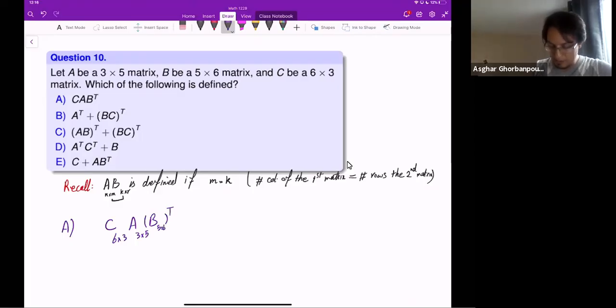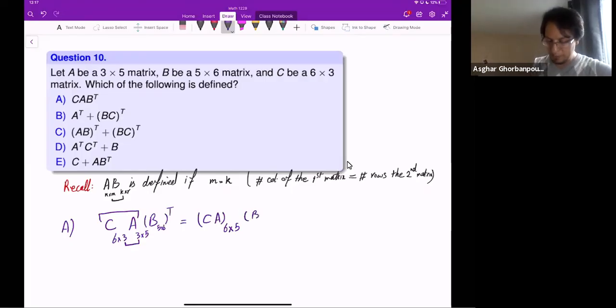So right away, you see that these two we can multiply because this is 3 and 3. The number of columns of C is equal to the number of rows of A. So CA makes sense. But when you multiply, the new dimension is going to be 6 by 5. So number of rows of the first entry by number of columns of the second one. So that's the first part.